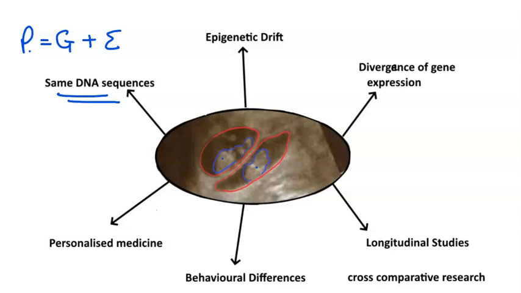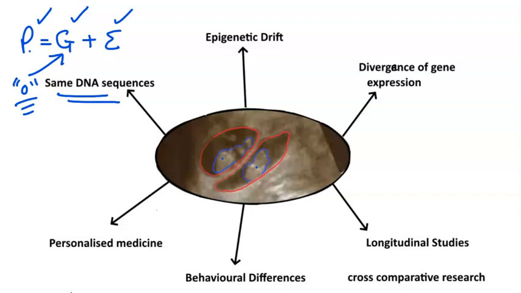So the phenotype, the way something appears, is determined by the genes and the interaction with the environment. In the case of monozygotic twins, what we know is that the difference between the two twins at the genetic level is nearly zero.